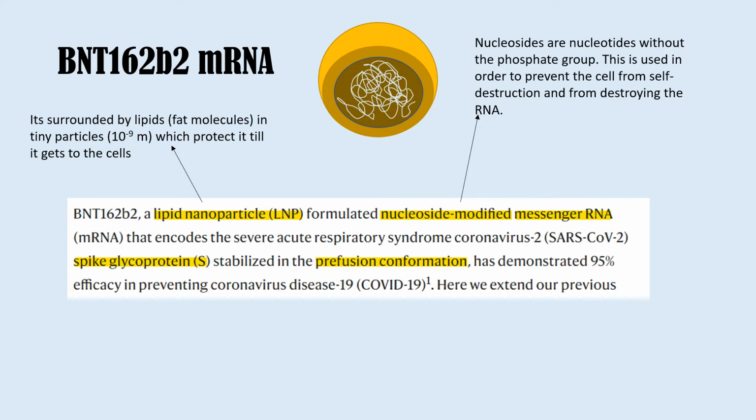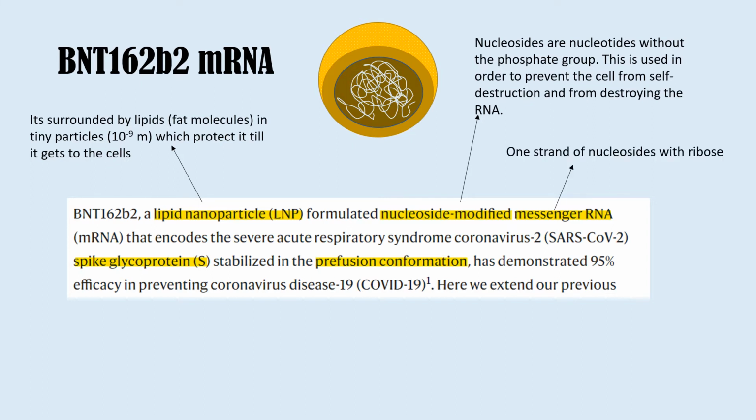This is to prevent the cell from destroying the RNA or destroying itself when the RNA gets in. We need the RNA to successfully get into the cell so that the cell can make the spike protein and then get an immune response to it. So we don't want anything getting destroyed in the process.